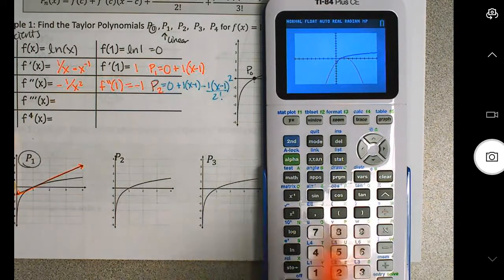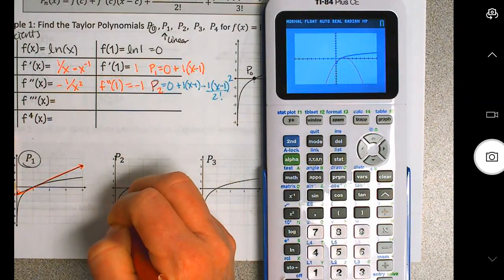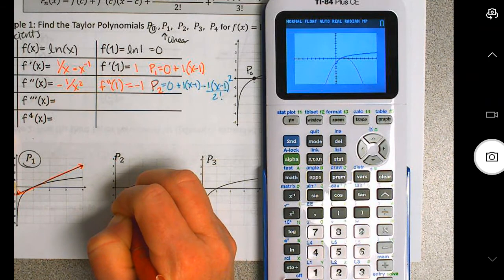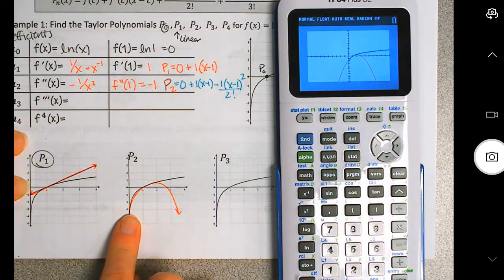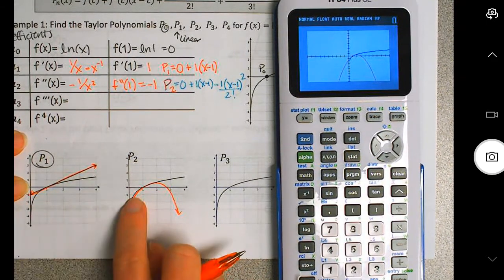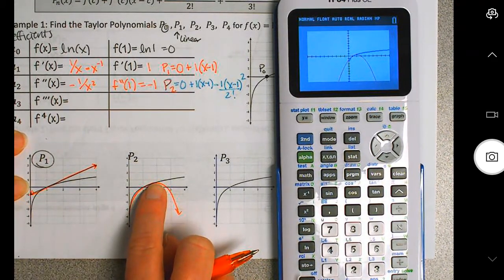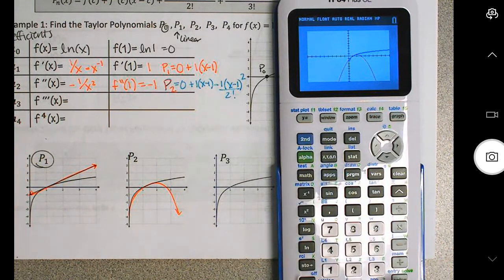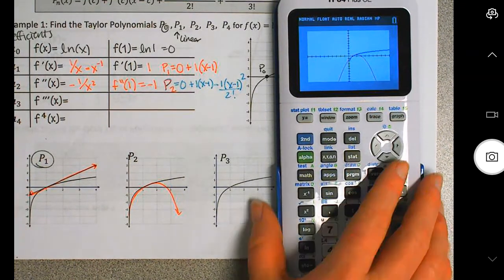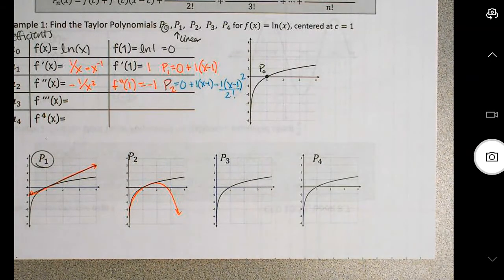It's not the best. It goes like this. So it follows it, not just this line, it follows it a little bit with the curve. And I'll change the color when I graph it for the next one. So we have a little bit better approximation.